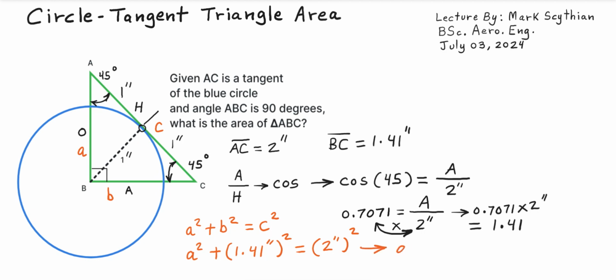So this becomes A squared plus the square of 1.41. This is 1.9881. Then made equal to 4. 2 squared is 4. So this means A squared is equal to 4 minus 1.9881.